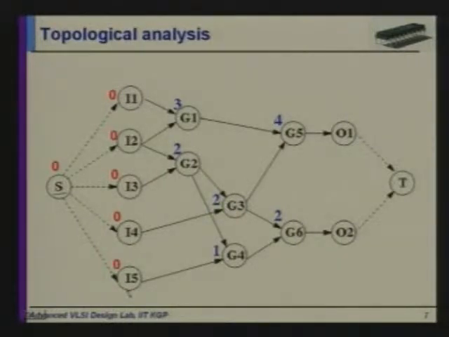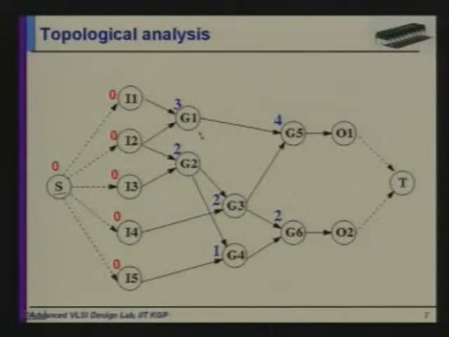I can estimate the delay of a node only when the delay of its fan-in nodes has been computed. What I mean is that suppose I want to compute the delay at Z5, I cannot compute it immediately because I don't know the delay of Z1 or Z3. So what do we have to do? We have to compute G1 first.